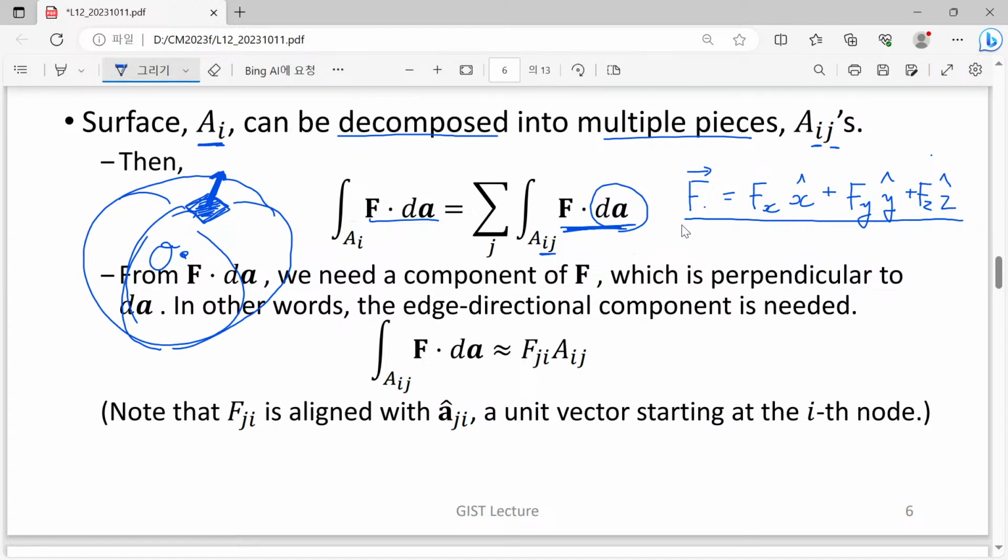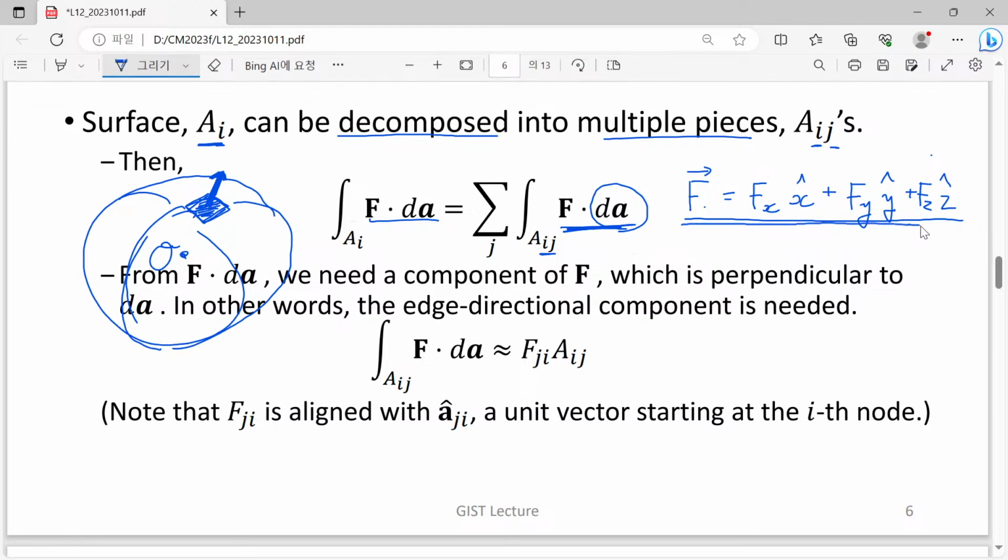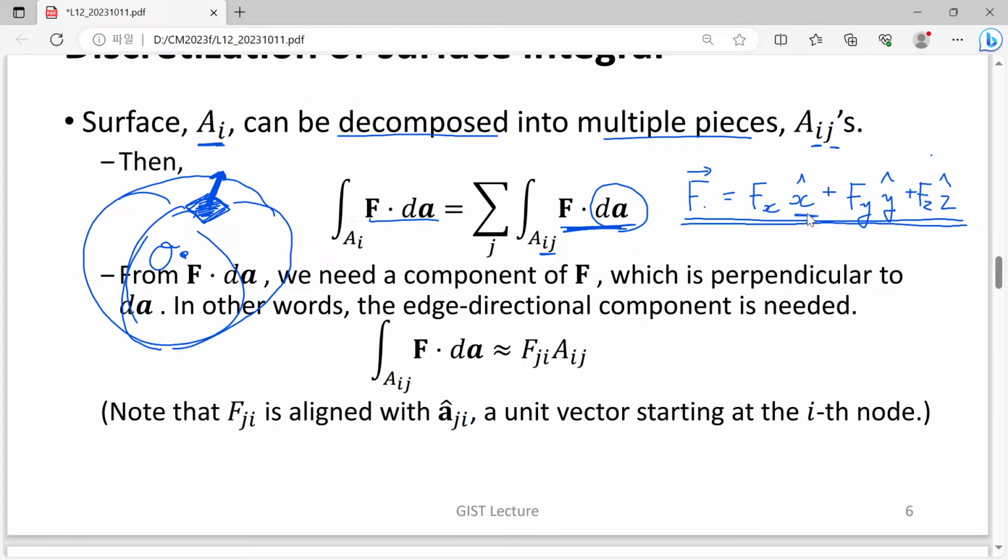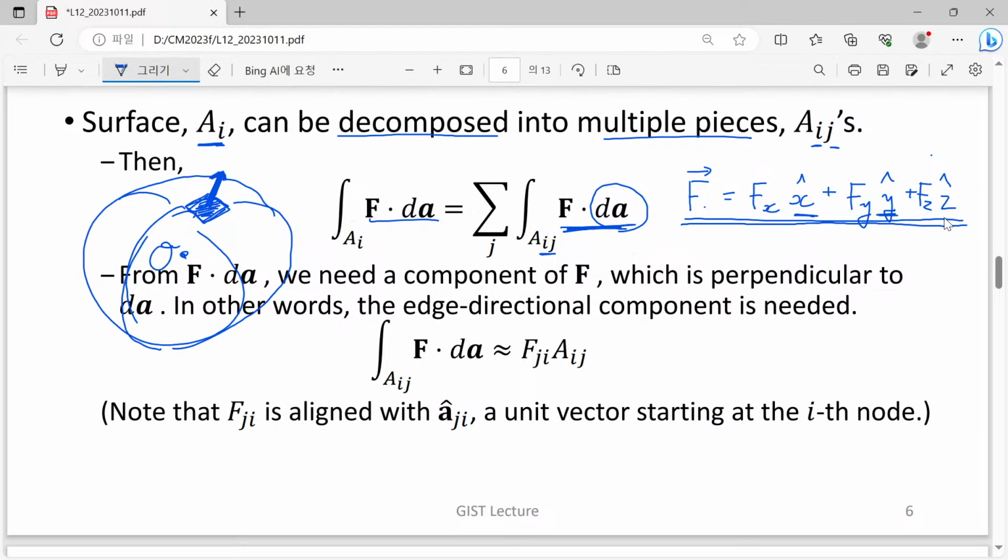In general, F can have many different components: x-directional, y-directional, and z-directional. However, by taking this dot product between F and dA, what is the resultant scalar number?